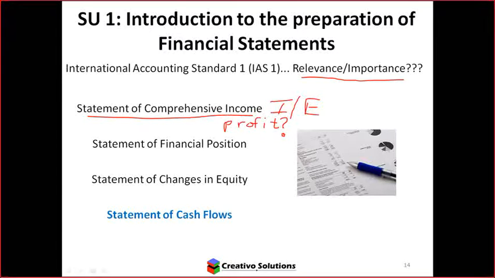Later on, you'll learn a bit about ratios. That touches a little bit on the finance, because the finance is more on the using of information to make decisions. It's not so much on the creating information. So if you do any FIN modules, it's going to be more the decision making, not so much on the presentation in terms of how do I draw up the statements. There, we take it for granted that the statements have been prepared correctly, and we use the statements then to make decisions.